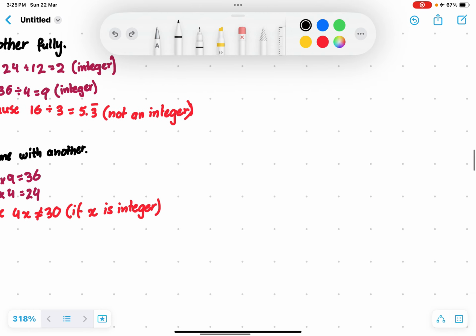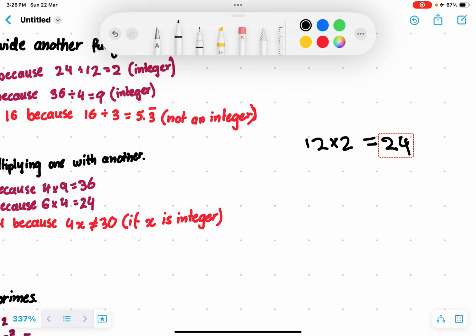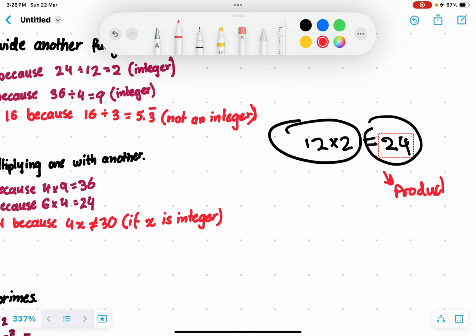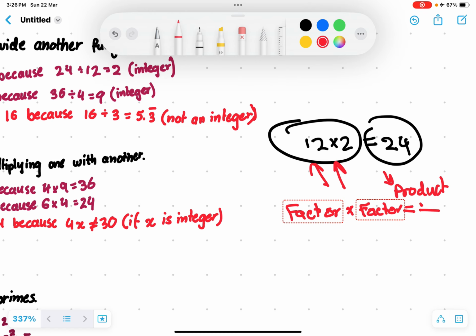Now remember when I told you to keep in mind that 12 times 2 is equal to 24? I was saying this because we are multiplying two numbers together to get a product. So this is our product, and our product is a multiple of both of these numbers. So if you have a factor and you multiply it with another factor of a number, you will get the number, right?